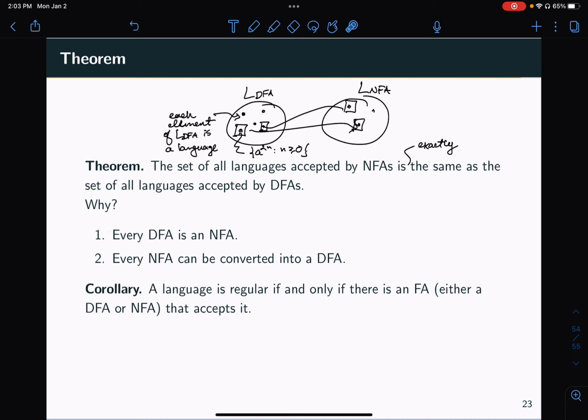And why is this true? Well, this is actually a subset inclusion proof. What we're claiming is that these two families of languages are the same. To show this, you need to show that any language accepted by a DFA is also accepted by an NFA, and any language accepted by an NFA is also accepted by a DFA.